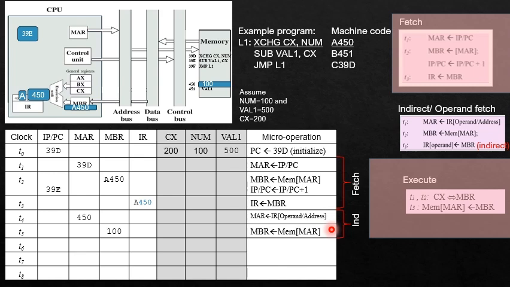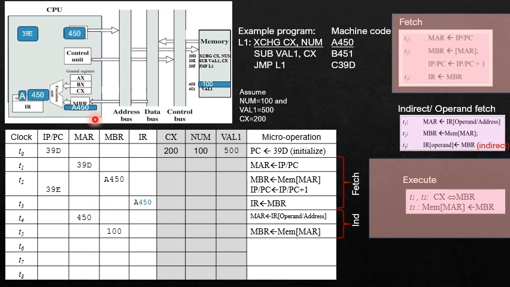In the operand fetch, the operand portion of the instruction tells where to get the operand. That's why only this address portion will be passed to MAR. So you can update MAR to become 450. You see here it is not A450, only the address portion of the instruction. Why does it go to MAR?